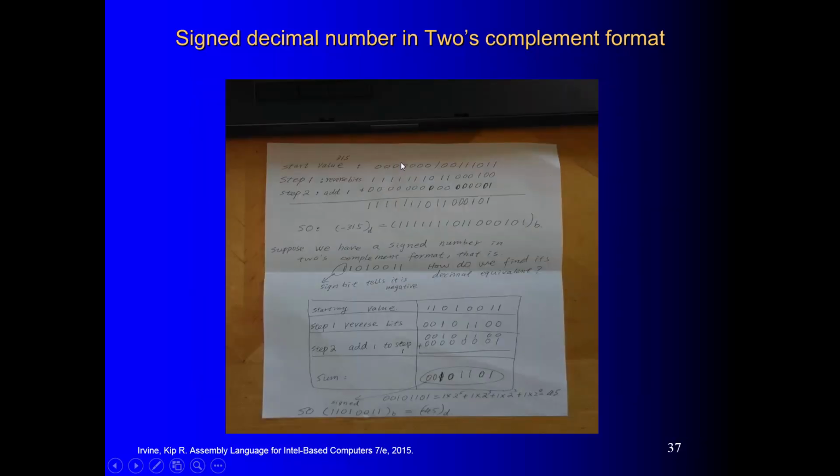So I copied the 315th binary format over here, 1 0 0 1 1 1 0 1 1 from last slide. This is 9 digits, 9 bits.